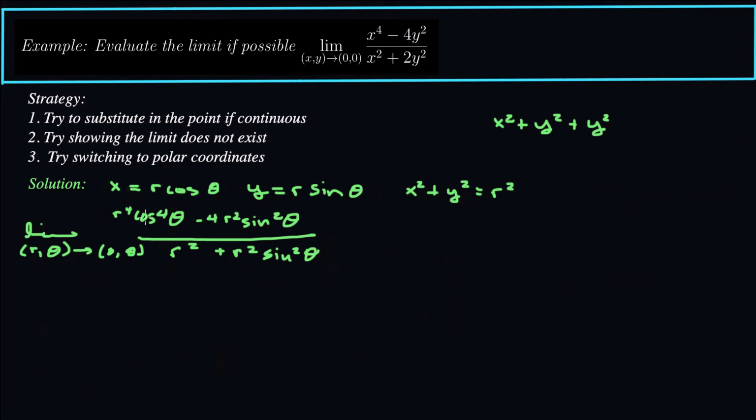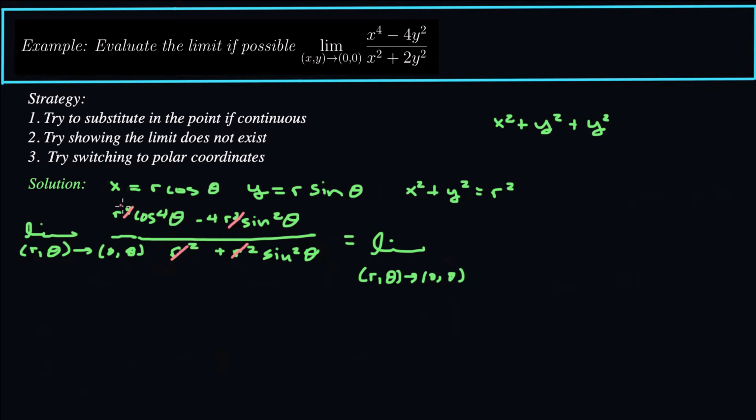So that's pretty cool. Now what we can do is some algebra first of all, and we'll say that this is the limit as (r, theta) goes to (0, theta). And cancel out an r. So r can cancel out here. We can cancel this.